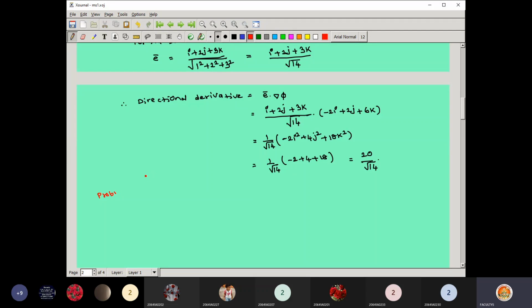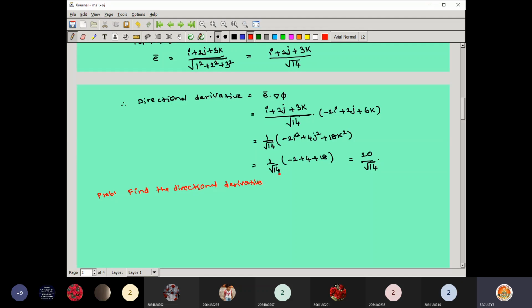Problem. Find the directional derivative, because it is given in the final exams.